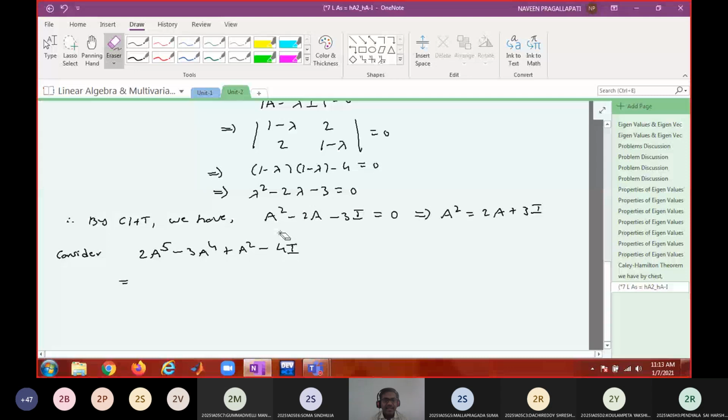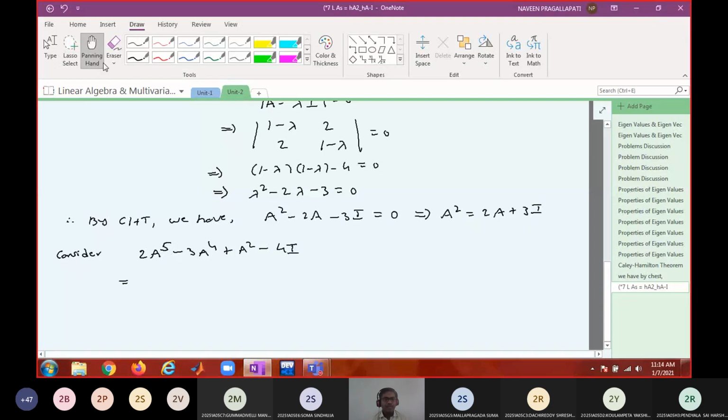I want A squared minus 2A, so that we can simplify easily. If I can write some of the terms so that the whole term becomes 0, that is what I'm trying to do. If that is not possible, then repeatedly apply the expression for A squared and finally arrive at the expression.